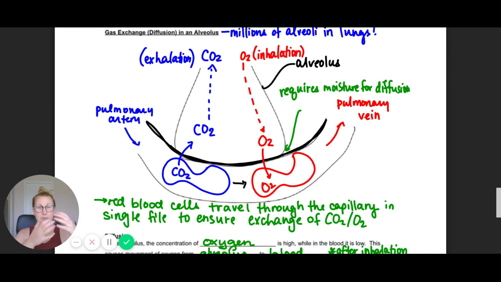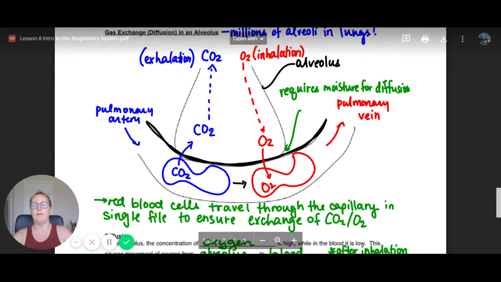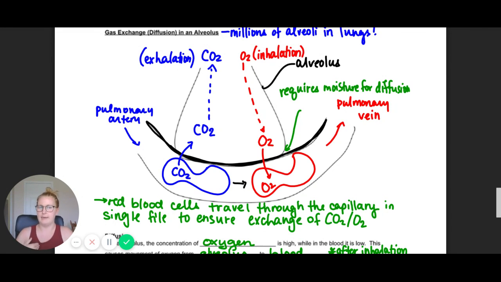Once those air sacs are damaged, we don't see them repair because they're so delicate. So even though we have millions of them in our lungs, as we start to destroy different alveoli, that whole section where they are destroyed is not going to be able to take in air anymore. And so the lung capacity of that person ends up declining greatly. It becomes very difficult. They will have pockets of their lungs where no air is actually going in.